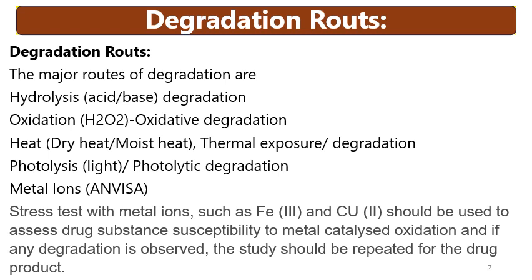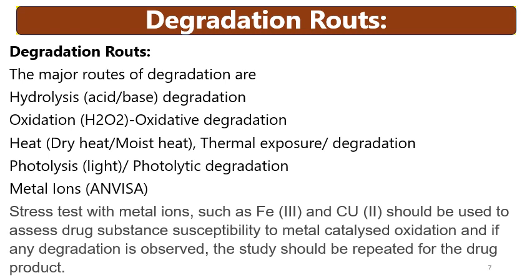And a new condition for forced degradation is given by the ANVISA from Brazil. It involves the use of metal ions to test the susceptibility of the formulation or drug substance to the metal ions. The stress test with metal ions such as Fe and Cu should be used to assess the drug substance susceptibility to metal catalyzed oxidation.